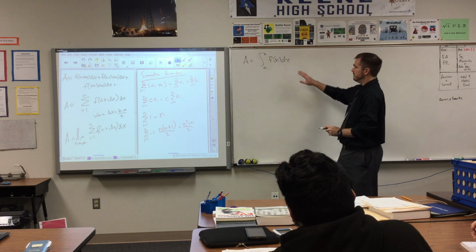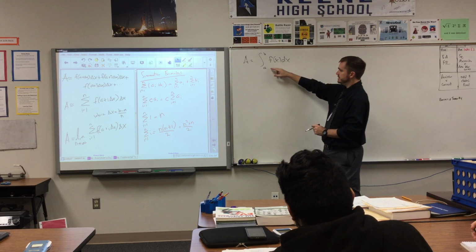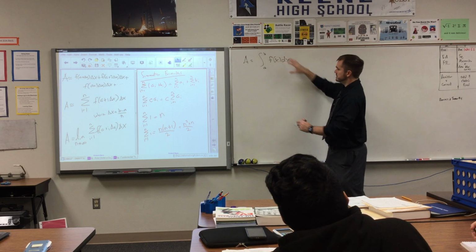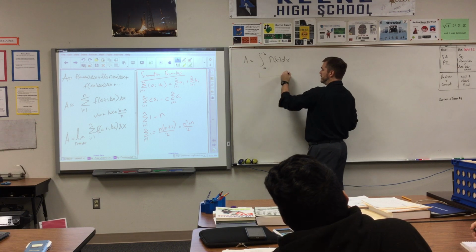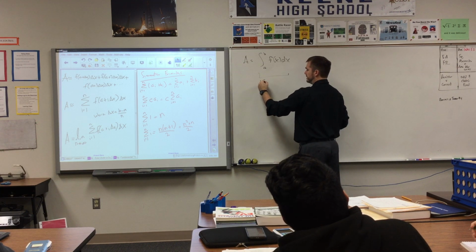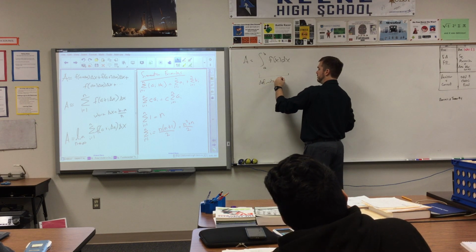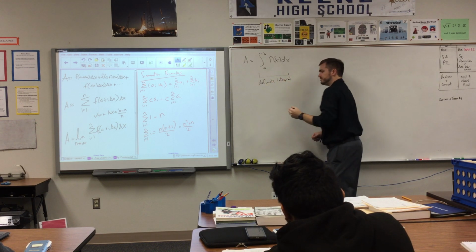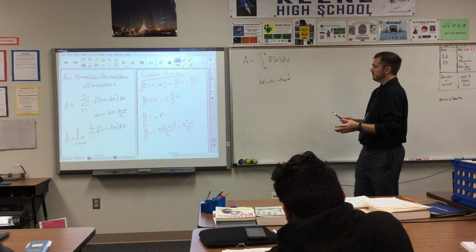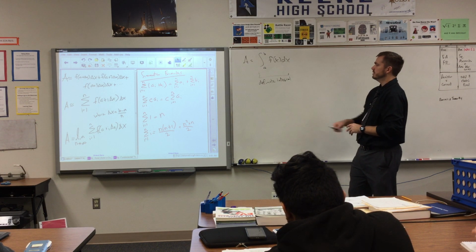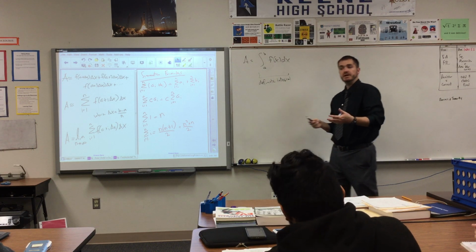So the thing is, though, that this expression right here with the numbers from there to there is called the definite integral. And we don't necessarily know how those numbers fit into everything.